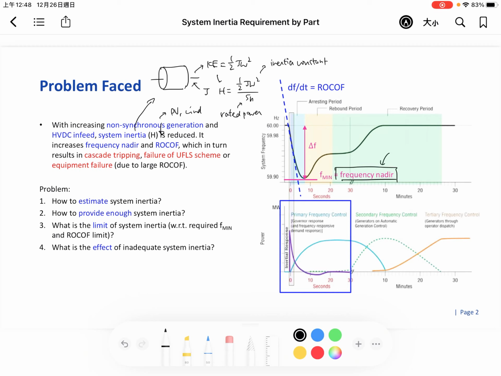Frequency nadir is the minimum frequency that occurs in the system during a frequency event. And ROCOF is the df/dt. ROCOF means rate of change of frequency.